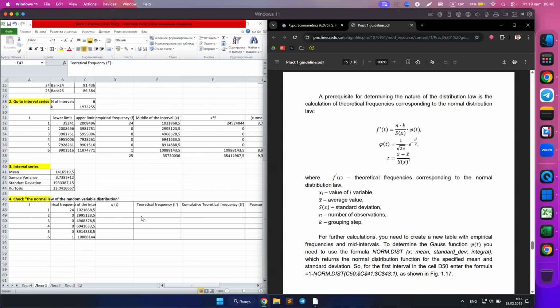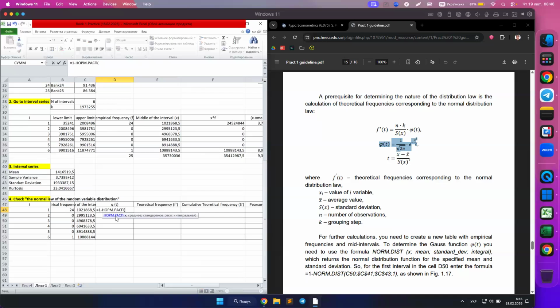Let's create these calculations. First of all, phi from t, we have to select this formula. In Excel, we can write this formula with normal distribution. So let's do this calculation. Normal distribution in Excel, NORM.DIST.